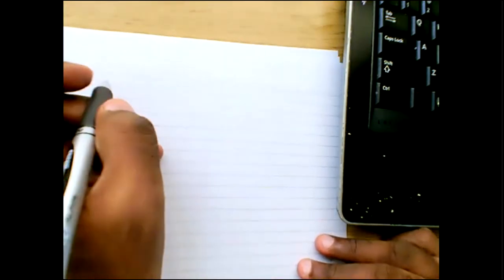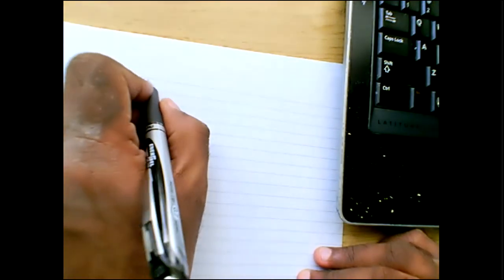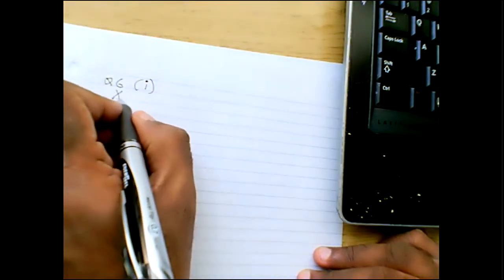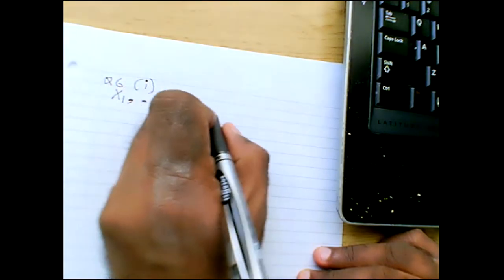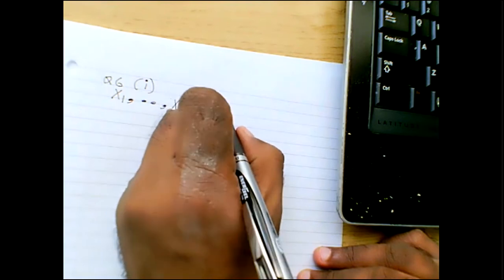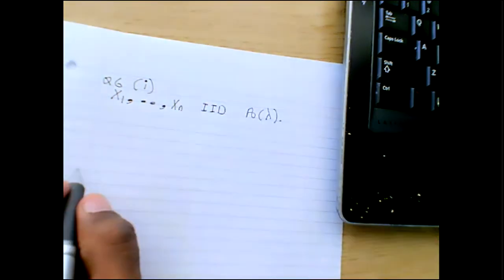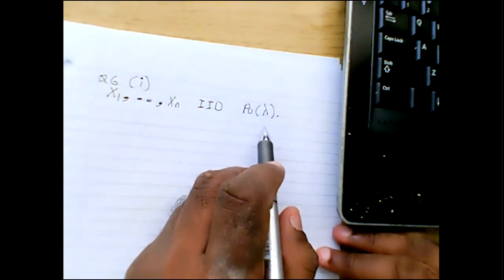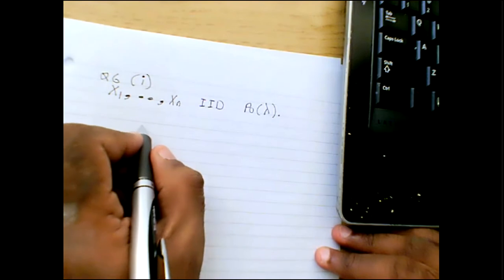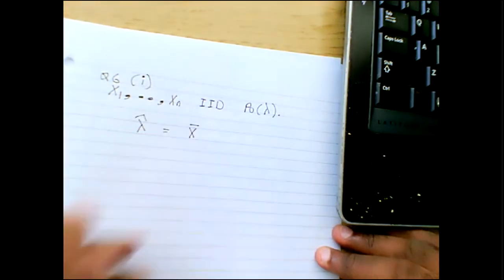Okay, so this is question 6, part 1. So you have a random sample from a Poisson distribution, and lambda hat is given by x bar.